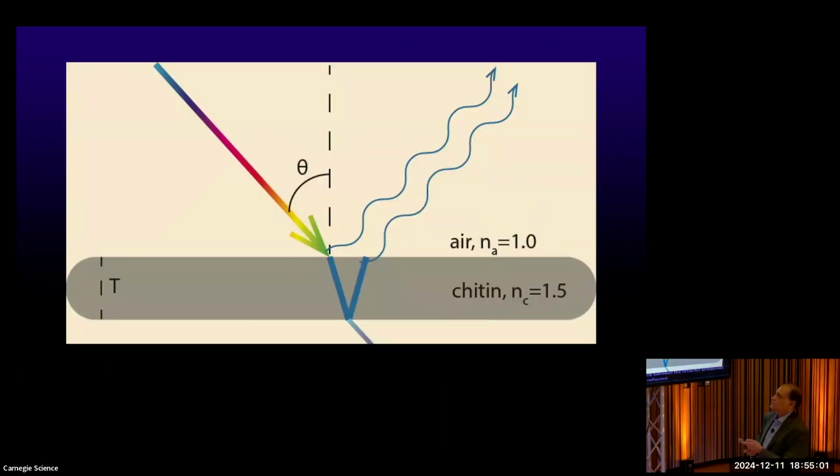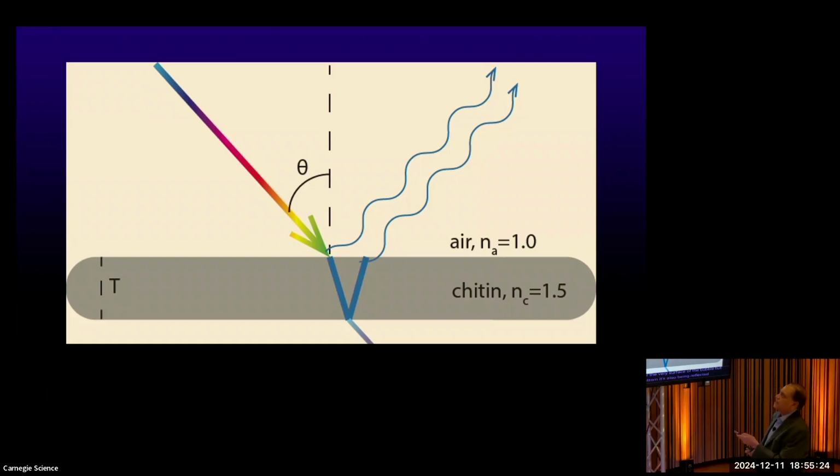And the greater the difference between the refractive indices, the more of the light will be reflected. So what happens is if you have a very thin material like soap or parts of a scale of a butterfly, the light hits it, it gets reflected off of the top surface of that layer, but it also gets reflected off of the bottom. So in that soap bubble, it's being reflected off the very surface of the bubble, but also the layer of liquid just at the bottom, it's also being reflected.